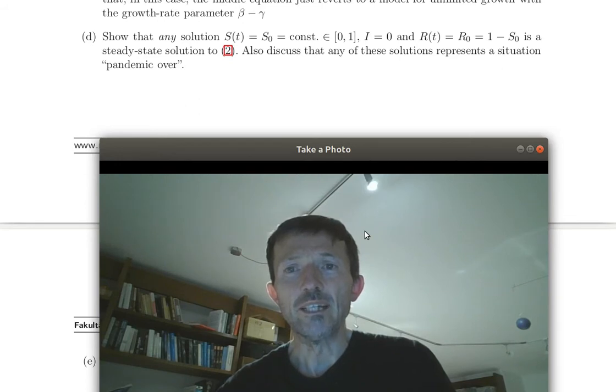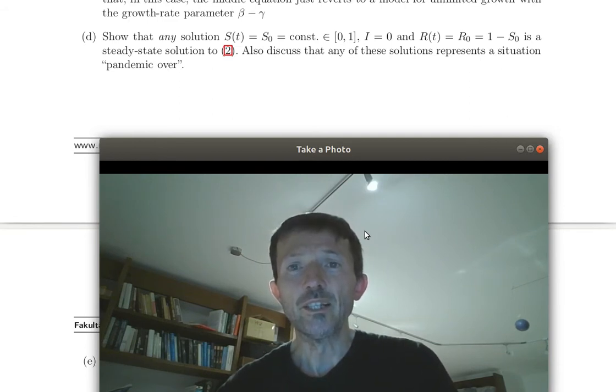That means that the infection is dead because there's not any infected, and one should just show that this is a solution for any susceptible number and any recovery rate with this relation. So let's look at this.